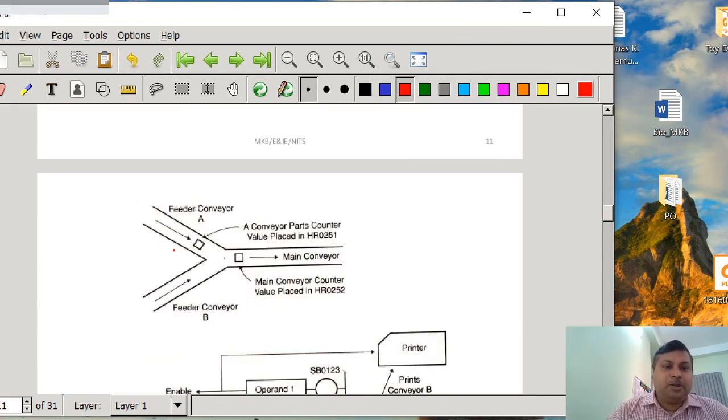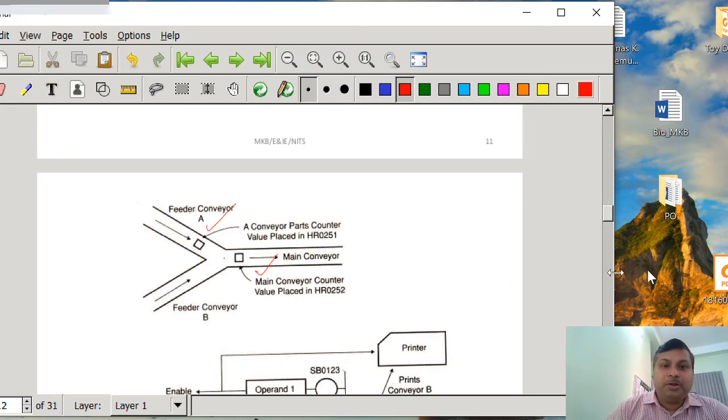Suppose we want to know how many parts are going through conveyor B, but the counter is available to be installed only in conveyor A as well as the main conveyor, and somehow we do not have a facility to place a counter in conveyor B. Then if I want to know how many parts are going through conveyor B, what we can do is take the number of counts we are getting through the main conveyor, and whatever counts we are getting in conveyor A must be subtracted from the value in the main conveyor.